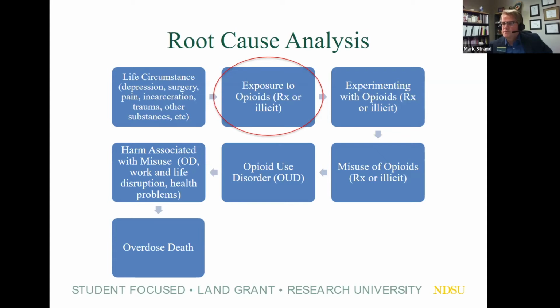Then that results in misuse of opioids, buying them from others, stealing them from others, multiple doctor shopping and pharmacy shopping in order to satisfy that need. And in some cases, that then results in an opioid use disorder. The opioid use disorder then will result in significant harm associated with that, such as an overdose, work and life disruptions, health problems, an exacerbation of mental health disorders, and then occasionally an overdose death.